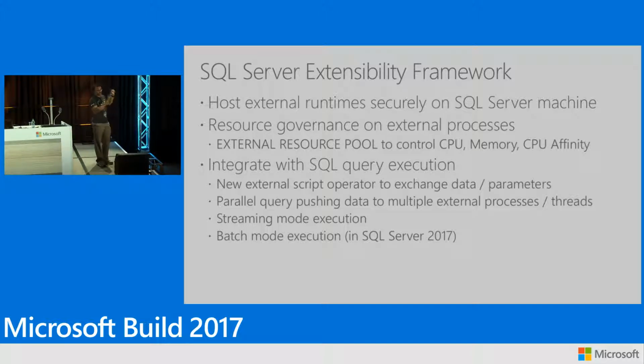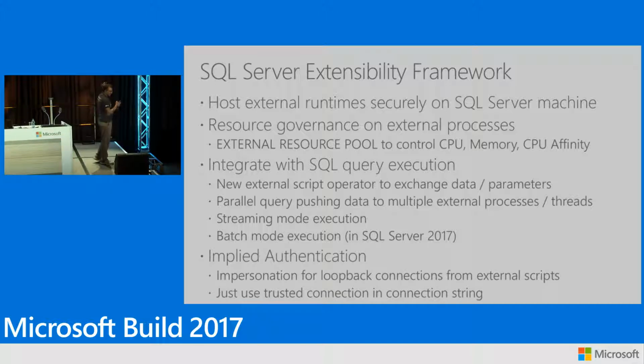Here, our operator can now run in batch mode. So you can send these rows very efficiently over to R and then do the computation, right? We see about 20 to 40% perf difference between 2016 and 2017 for many scoring scenarios.